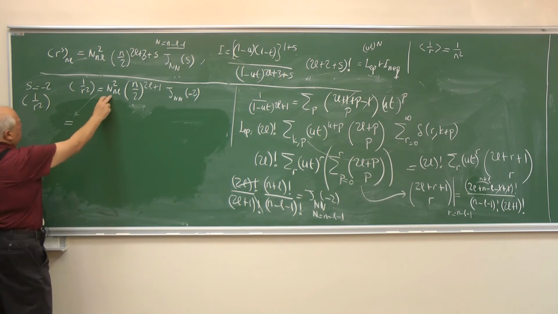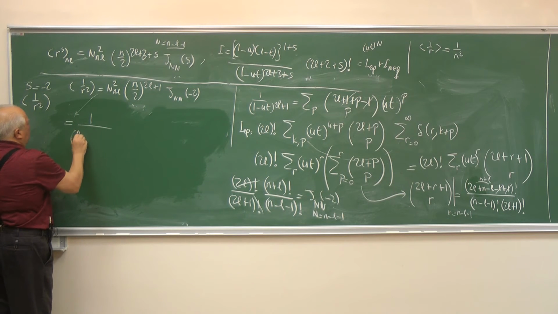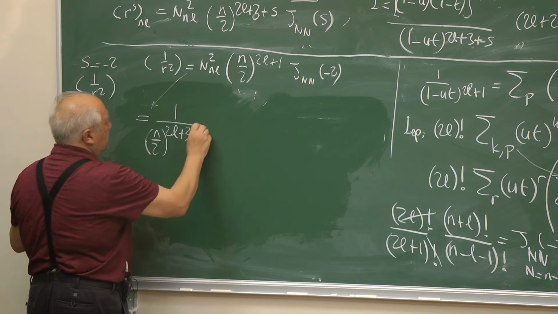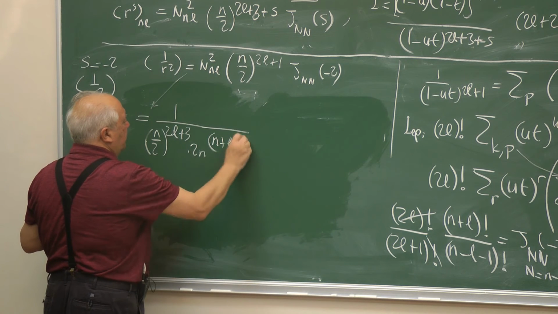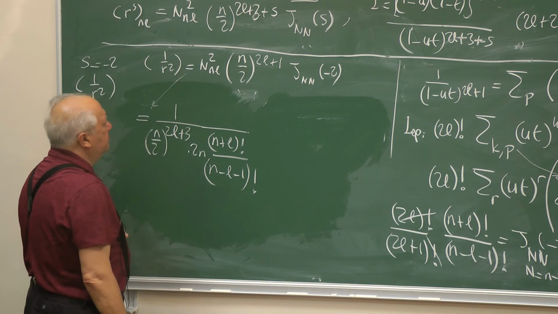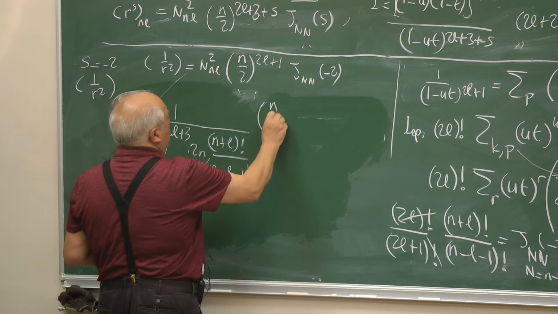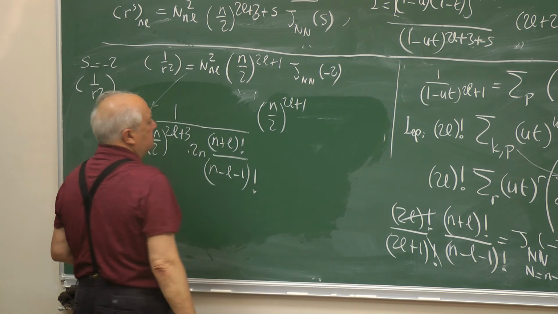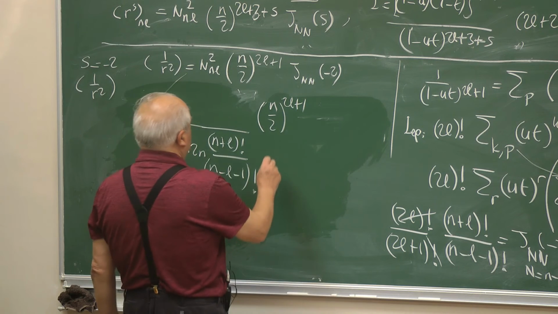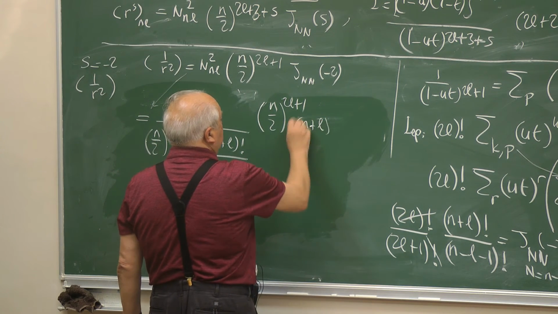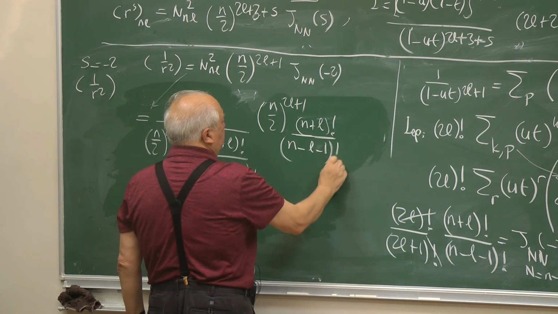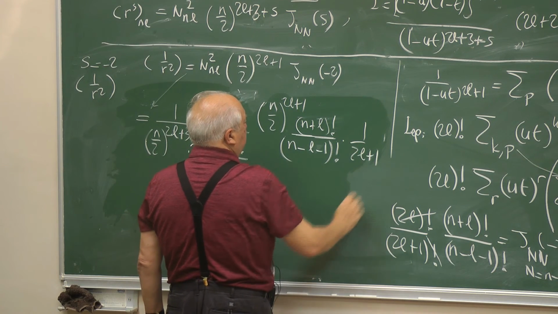First, the square of the normalization coefficient. n over 2, 2L plus 3 times 2n times n plus L factorial over n minus L minus 1 factorial times n over 2, 2L plus 1 times this, n plus L factorial divided by n minus L minus 1 factorial divided by 2L plus 1.